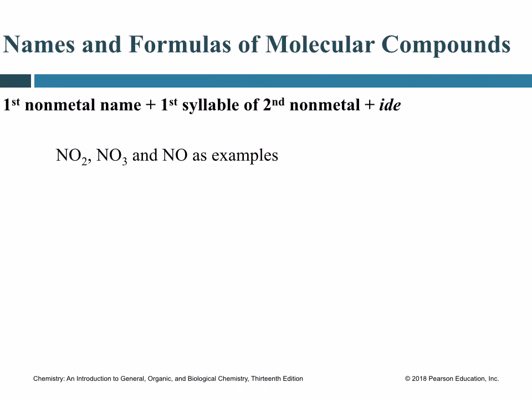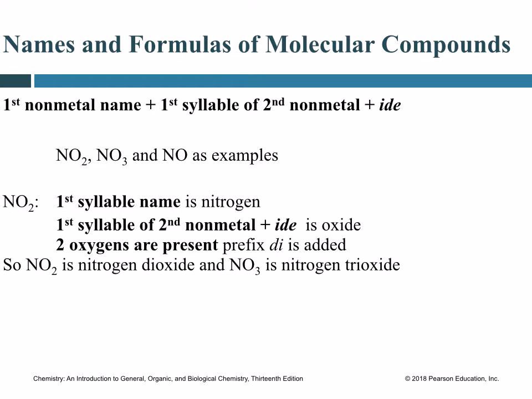For NO2, the first nonmetal elemental name is nitrogen. The first syllable of the second nonmetal plus IDE is oxide. Since there are 2 oxygen atoms in the molecule, we add the prefix di to oxide. Therefore, the name for NO2 is nitrogen dioxide.